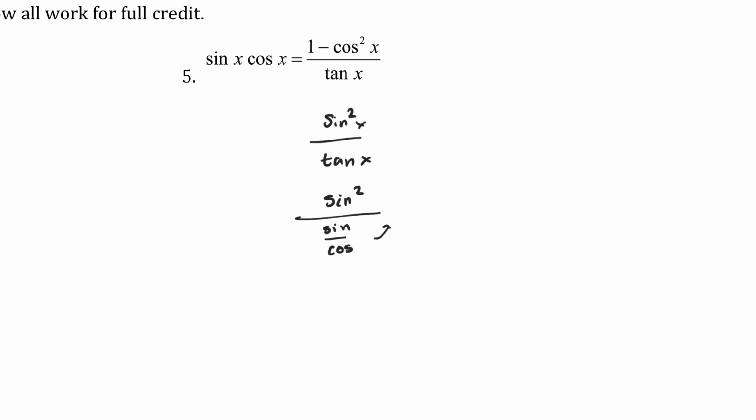Anytime we have a value with a denominator that has a fraction, a lot of the times we multiply by that reciprocal, so we can hopefully see some things cancel out. So we end up with cosine over sine. When I multiply sine squared times cosine over sine, obviously this sine is going to cancel out with one of those, leaving me with sine x cosine x on the top, which is exactly what I had on the other side.